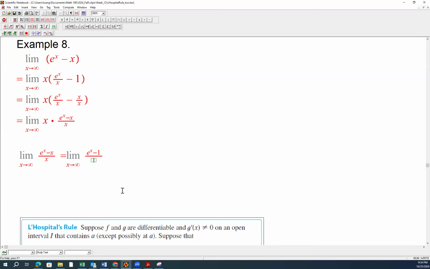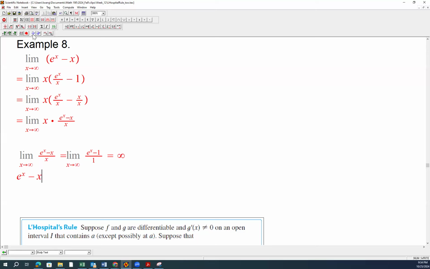The denominator would be just 1. So this whole thing is going to be infinity. Well, how can we be certain that e to the power x minus x is going to be infinity? Because this is exponential functions.